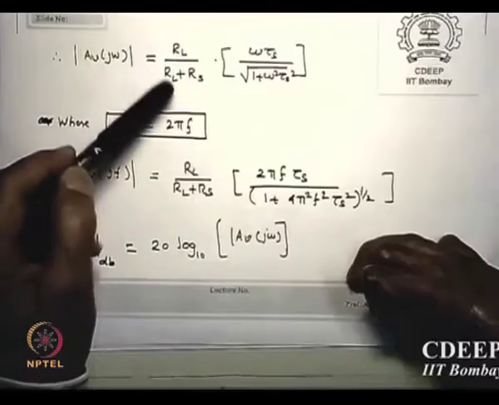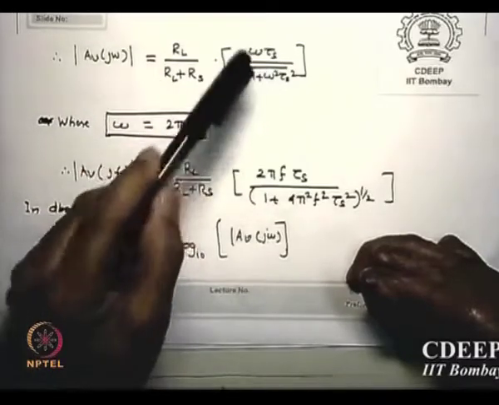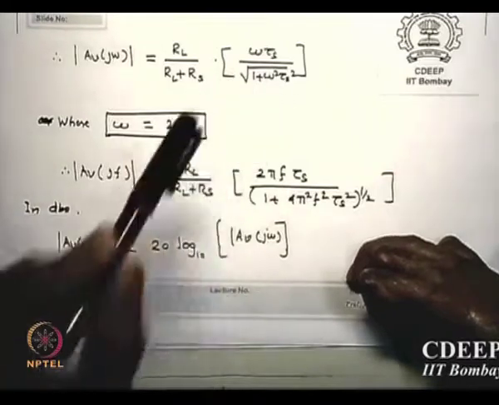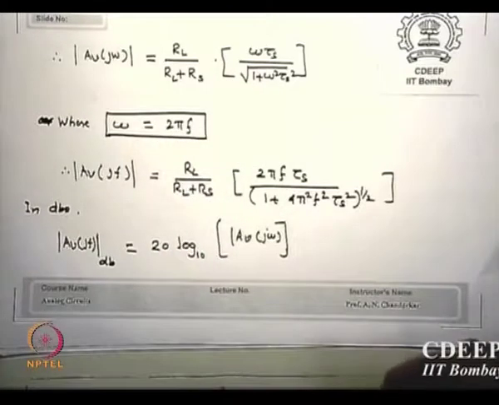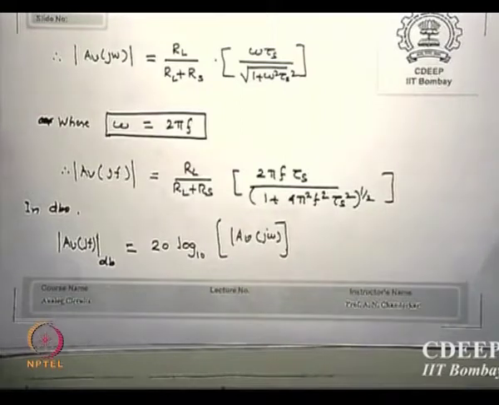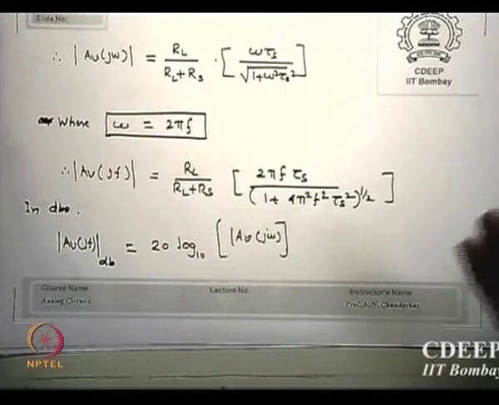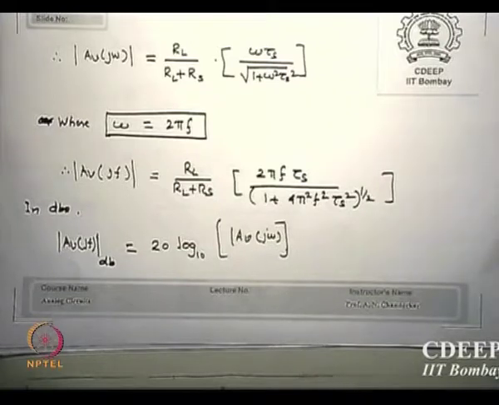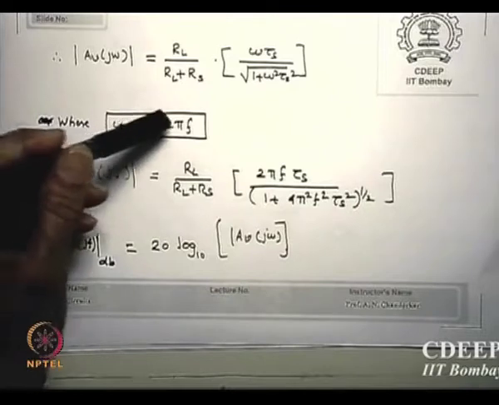It is RL upon RL plus RS omega tau s upon 1 plus omega square tau. This is just A plus jB, and the magnitude is under root A square plus B square. Is that clear? So I just substituted the magnitude values, where omega of course is 2 pi f.